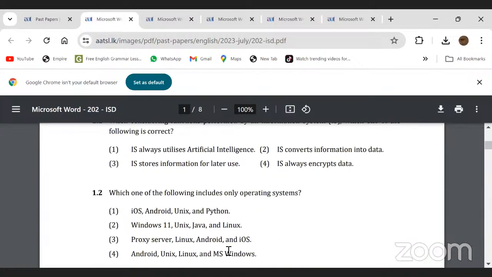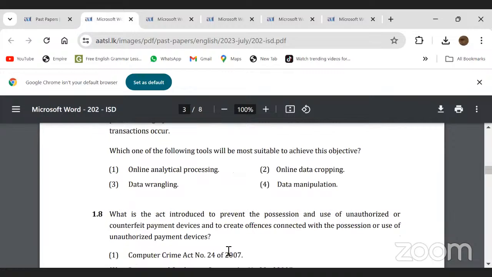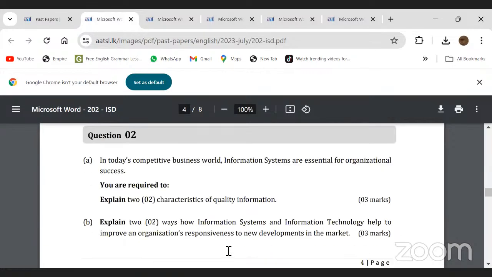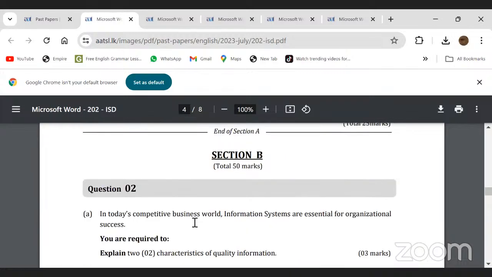Then another. We'll go to section B directly. Explain 2 characteristics of quality information. Explain 2 ways how systems and information technology help to improve organizations' responsiveness to new developments of the market. See?